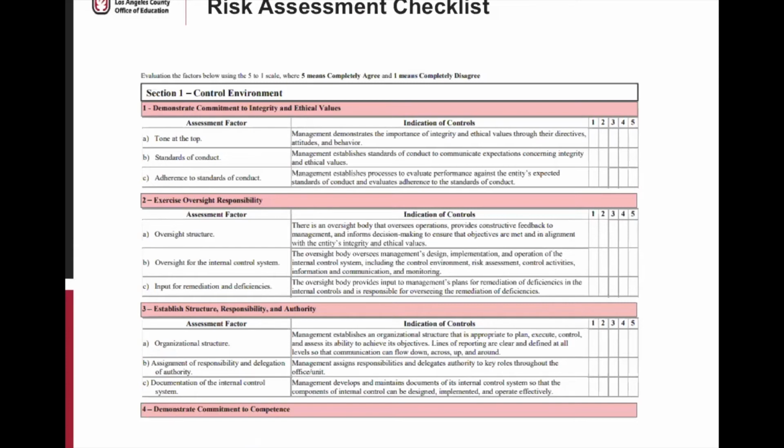You can see this is control environment, and it looks at all the areas, and it does that for risk assessment and for all the other areas. And we have that posted on our website. Actually, I'm trying to remember, where can you access it? We posted it with the handouts from this section, because that's kind of a handy tool if you want to delve into this area of risk assessment.